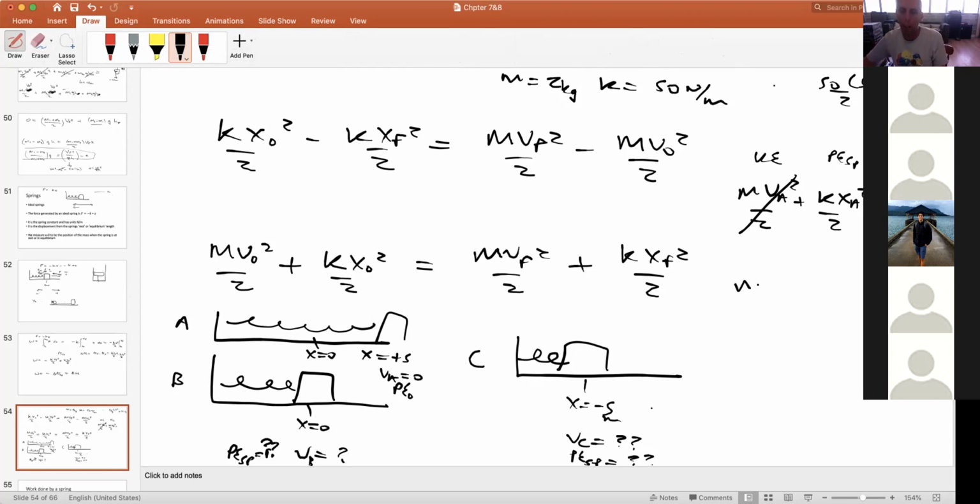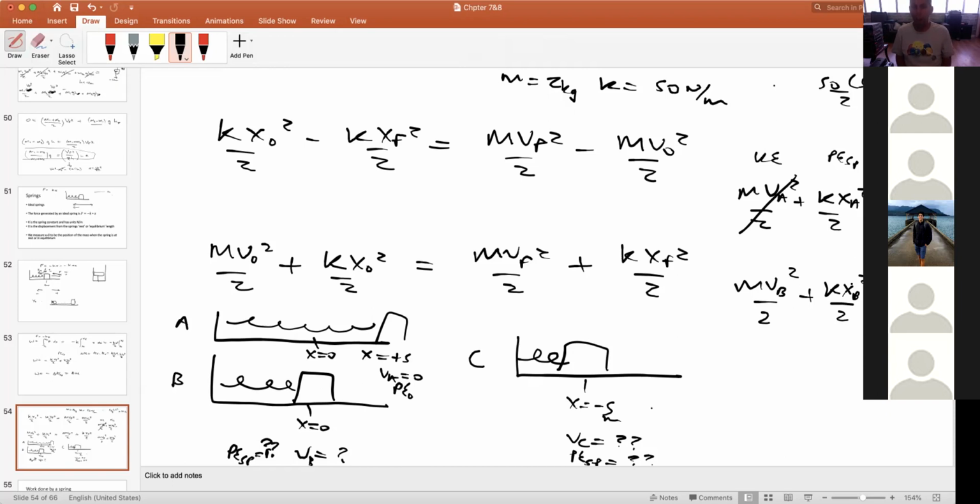Why? m vB squared over 2 plus k xB squared over 2. The thing you have to always remember with springs, you have to choose 0 to be at equilibrium of the spring. When the spring's sitting there and it's not being compressed or pulled, it's just at rest. We say the rest length is when x is 0.